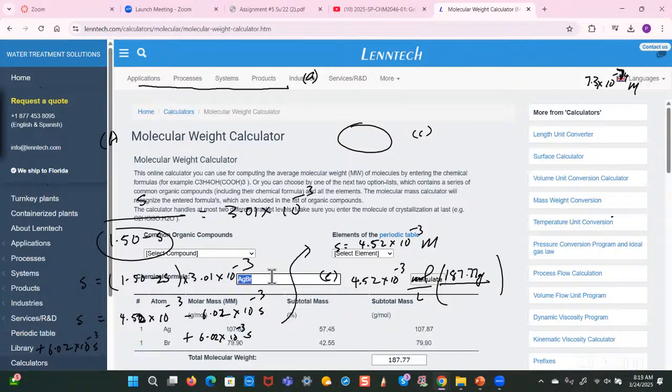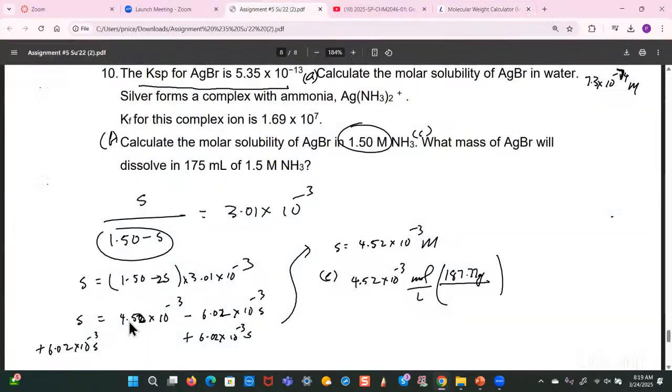AgBr. Okay, so that's correct, 187.77 grams. So let me go back to this. So let me turn my pen back on. So this here is 187.77 grams per 1 mole of the silver bromide.